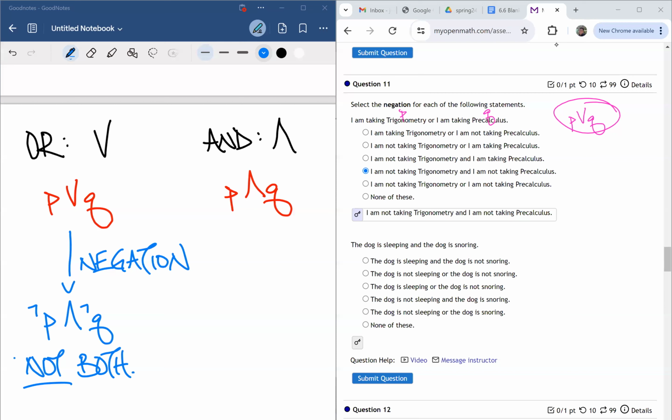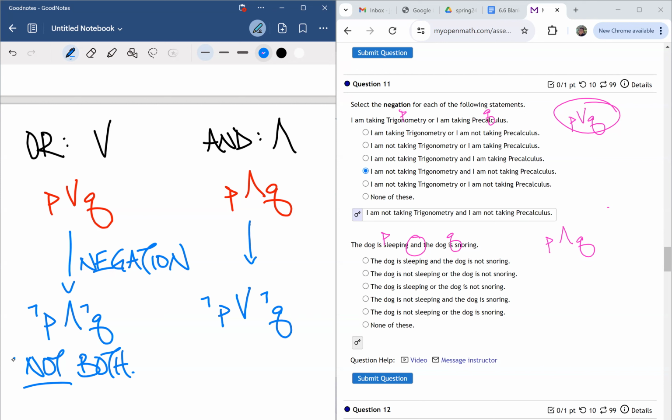All right, so let's take a look at the second one. The dog is sleeping and the dog is snoring. So our first statement is our P, our second one is Q. And because we have an and in here, this time our statement says P and Q. Now the negation of an and statement, let's write that over on this side, is going to be not P or not Q. So we kind of flip everything.